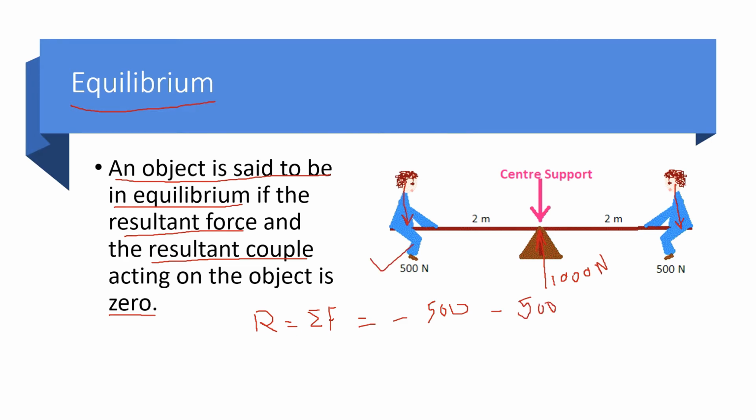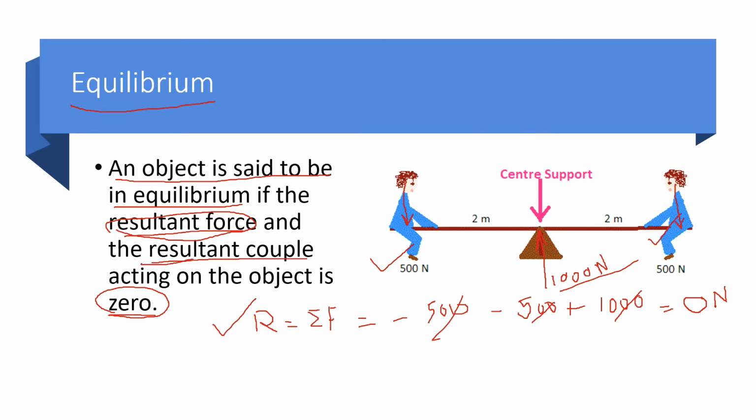I'm done with the weights of the two people. And last is this 1000 Newton which is acting upward, so I'll take this as plus 1000 Newton. Here you can see this 500, 500 and this 1000 will get cancelled out, and the resultant force I am getting is 0 Newton. So the resultant force acting on the object is 0, and my first condition is satisfied.